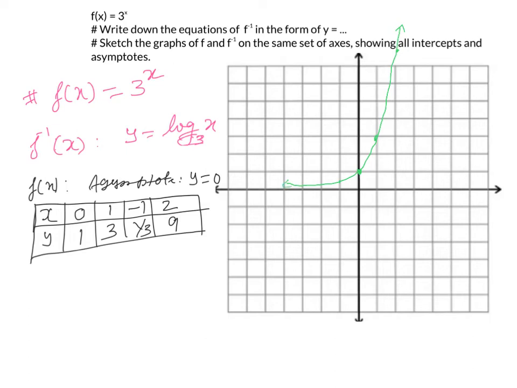So this is my graph for f of x. This is my 1, 3, and this is my y intercept. There's no x intercept, and my asymptote will be y is equal to 0. So this is my asymptote.